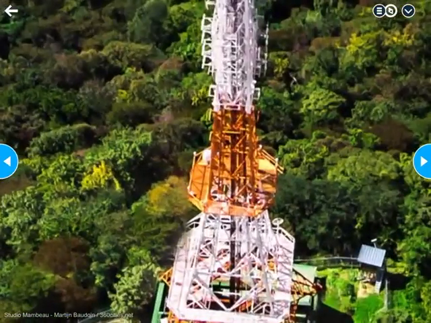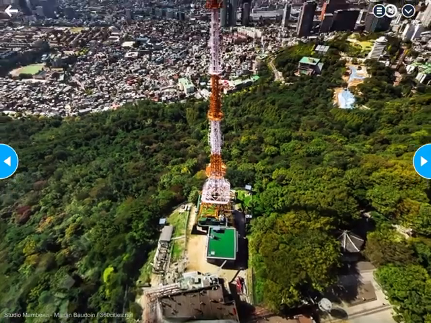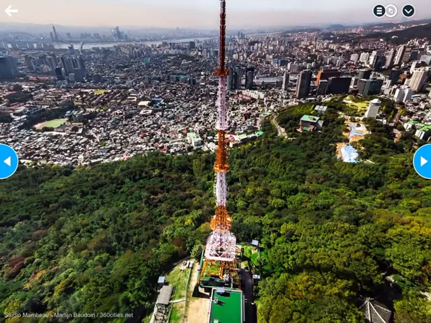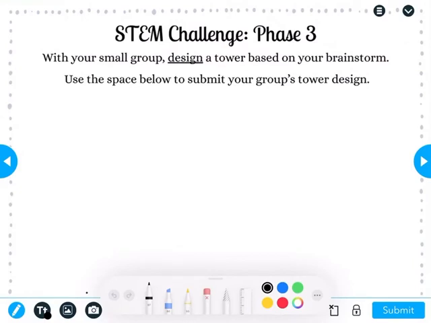So hopefully they would be focusing on those structural details, getting some ideas, brainstorming, communicating, and then after having brainstormed, they would move on to phase 3, which is the design stage of the process. So in their small groups, they would design a tower based on their brainstorm. So they would use this space to sketch out their own towers.